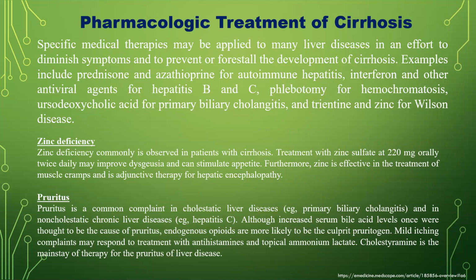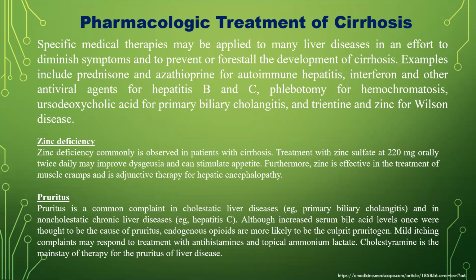Specific medical therapies may be applied to many liver diseases in an effort to diminish symptoms and to prevent or forestall the development of cirrhosis. Examples include prednisone and azathioprine for autoimmune hepatitis, interferon and other antiviral agents for hepatitis B and C, phlebotomy for hemochromatosis, ursodeoxycholic acid for primary biliary cholangitis, and trientine and zinc for Wilson disease.